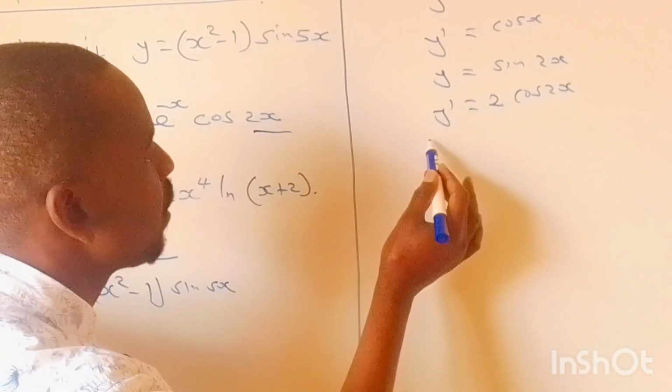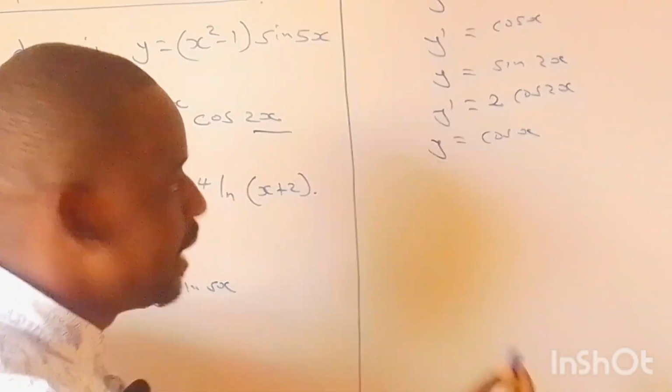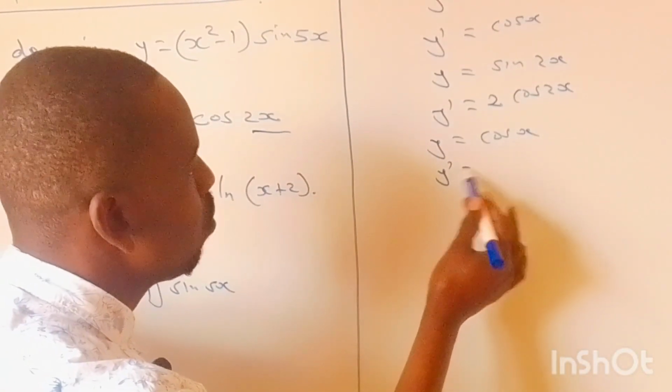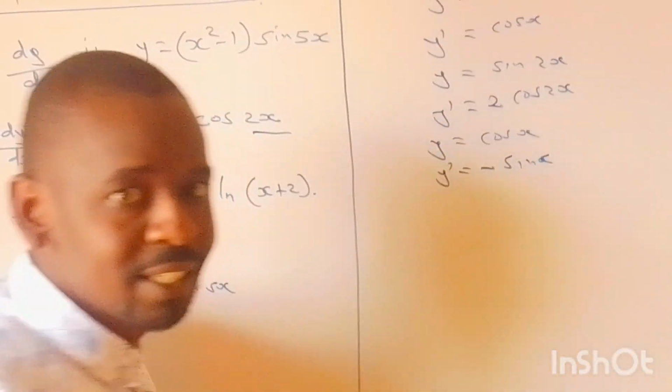Again, if you have a function y is equal to cosine of x, then we know that the derivative of that is equal to negative sine of x.